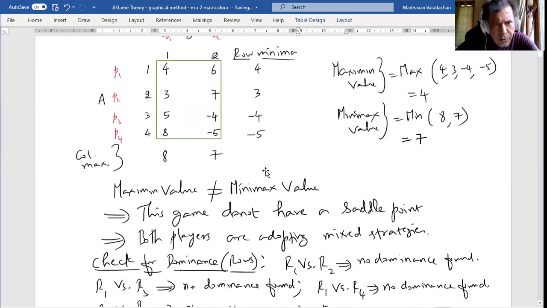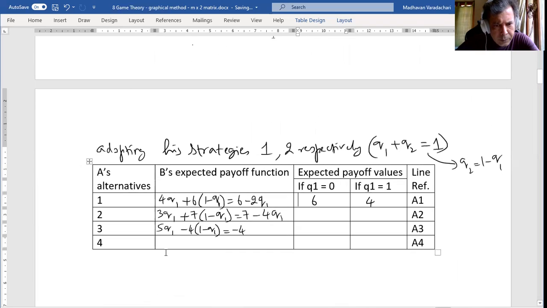Minus into minus becomes plus, so plus 9Q1. The last one is 8Q1 minus 5Q2, so minus 5 times 1 minus Q1. That will be minus 5. Minus into minus becomes plus, so it is 13Q1.